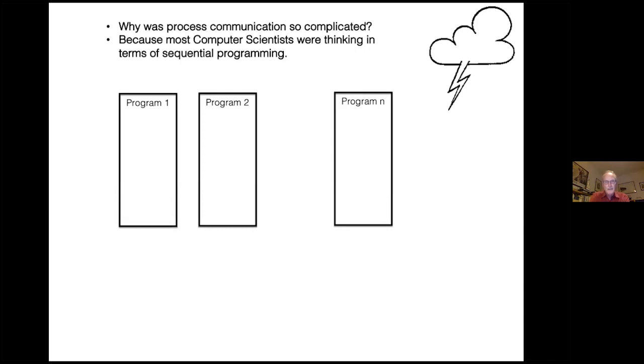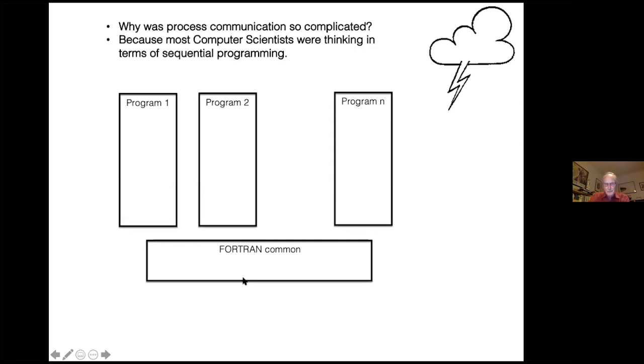So the strange thing is, why was process communication so complicated? Well, the answer is that a lot of these people had a background in sequential programming. They were used to writing Pascal programs, and then somebody says, these programs should actually talk to each other. And, oh dear, how do you do that?